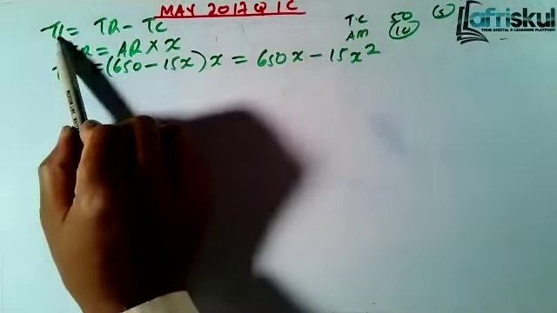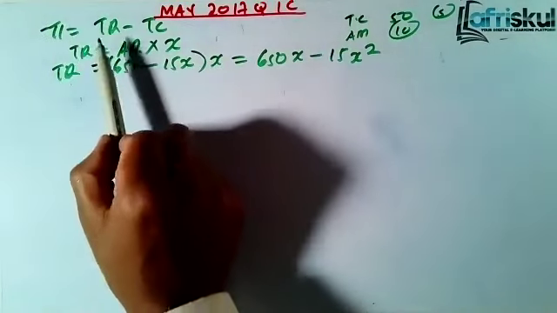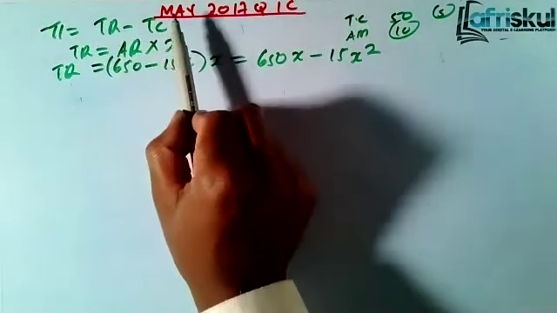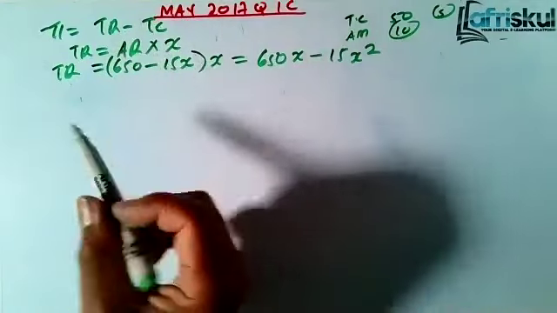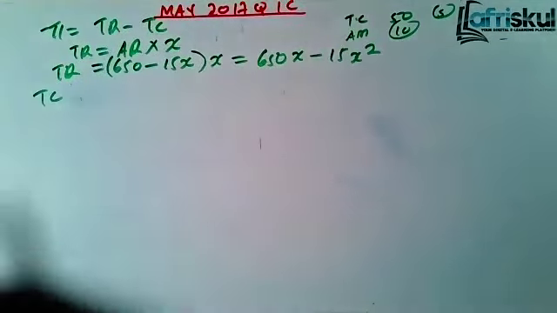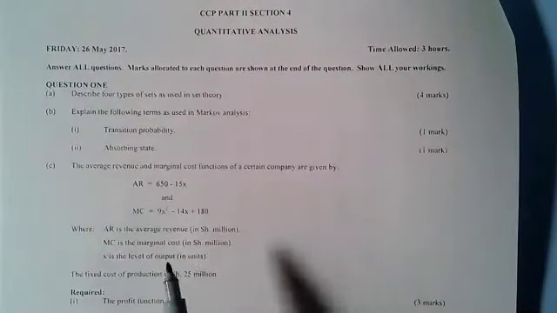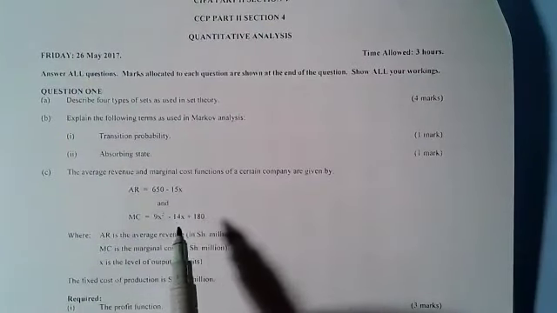To get the profit, because they want the profit function, you take the total revenue minus total cost. You already have the total revenue, so what we need is the total cost. In this case, you are not given the total cost, you are given the marginal cost. That means the marginal cost has already been differentiated.